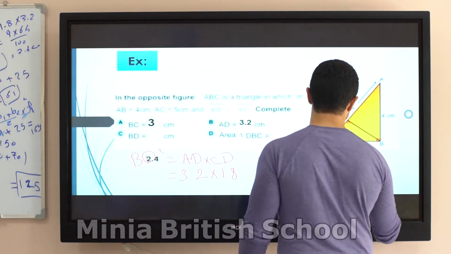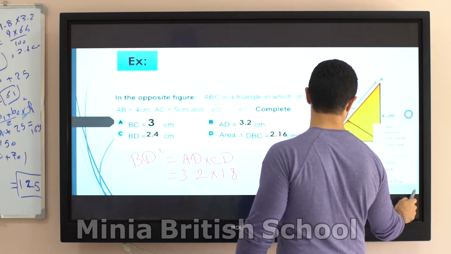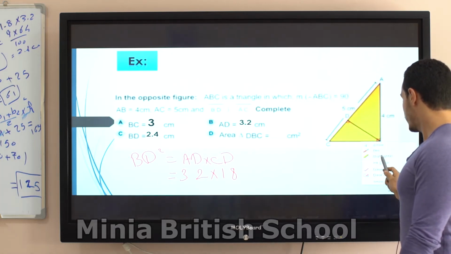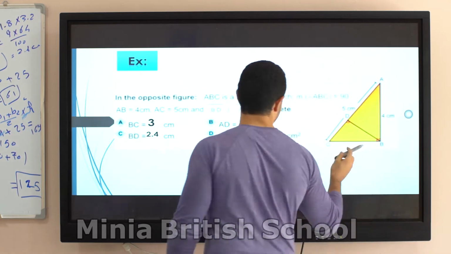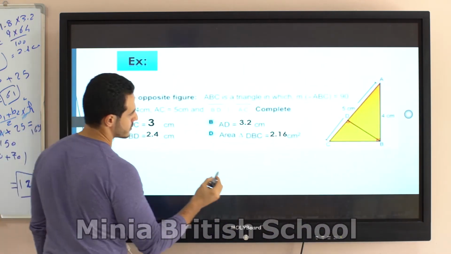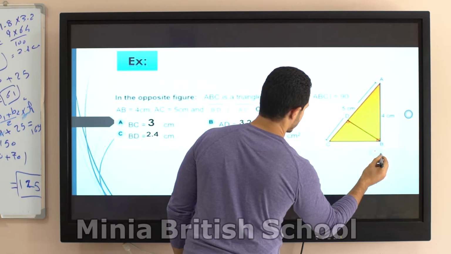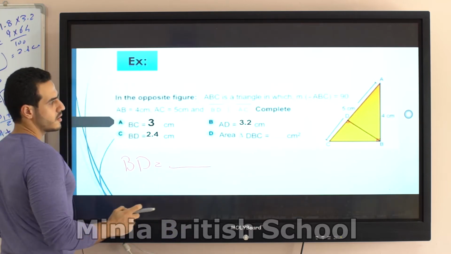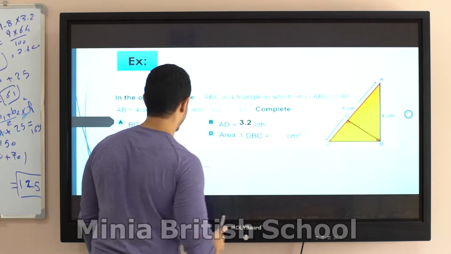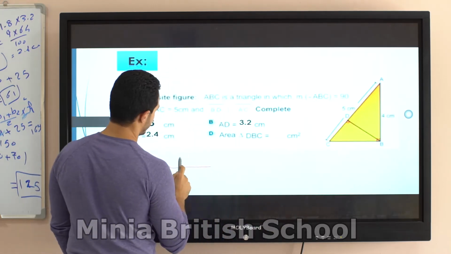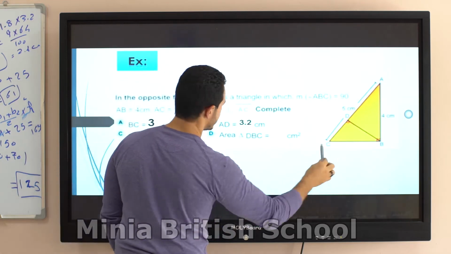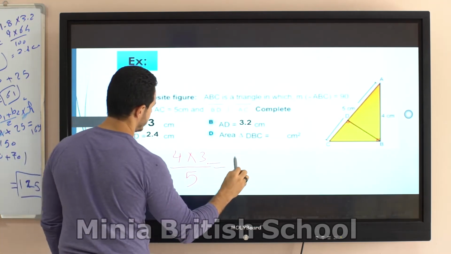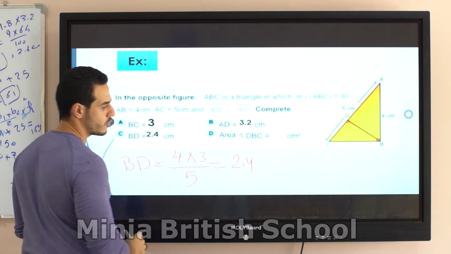So BD equals 2.4. The second way: BD equals the two sides of the right angle, AB equals 4 times BC equals 3, over the hypotenuse 5, which equals 2.4.